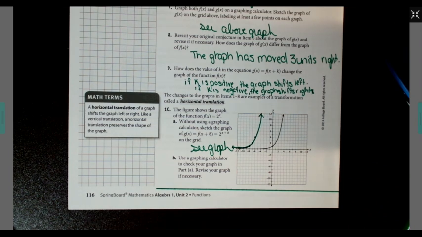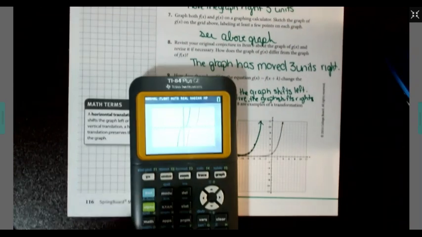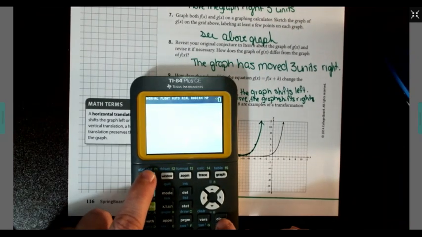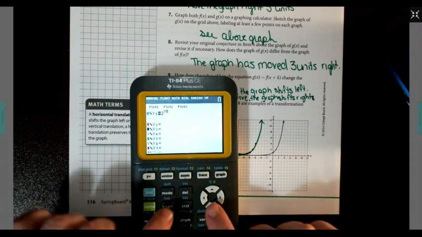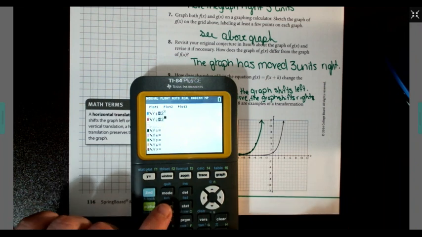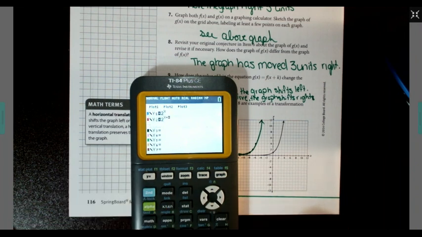Use a graphing calculator to check your graph. Revise your graph if necessary. So the two functions were 2 to the x, and this one is 2 to the x plus 8.